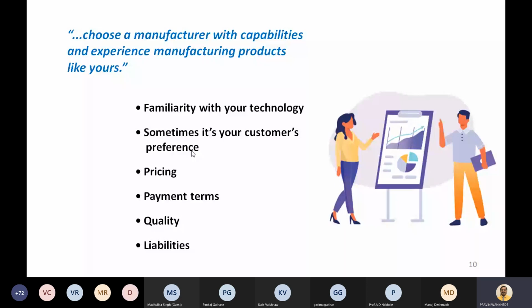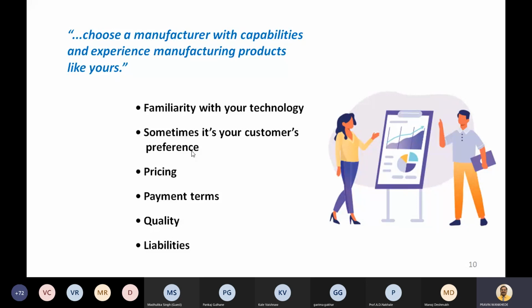Therefore, what are the technical details of manufacturing? Any product that you are manufacturing has some technical details and an assembly. We may get suggestions from the manufacturer of your component, because that manufacturer is already aware of our technology, correct?